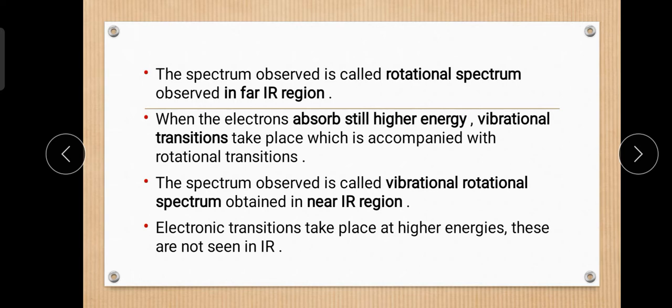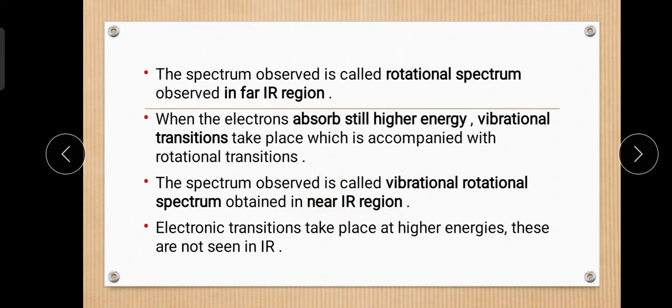So indirectly the vibrational transition is accompanied by rotational transitions, and the spectrum observed is called the vibro-rotational spectrum, obtained in the near infrared region.